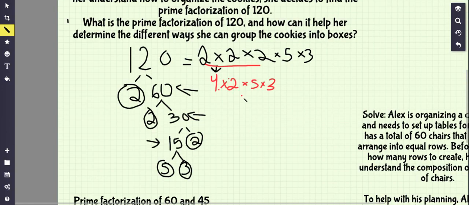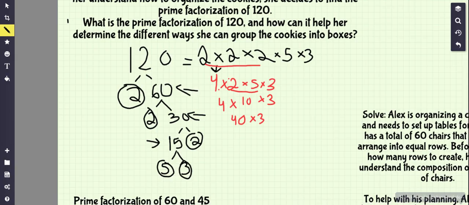It's a little complicated, so I'll just multiply this first because order doesn't matter in multiplication. 5 times 3 is 15, times 8. Then we got 40 times 3, and 40 times 3 is equal to 120. You want to check? Well, 40 times 3 is 120. So now our answer is 120.